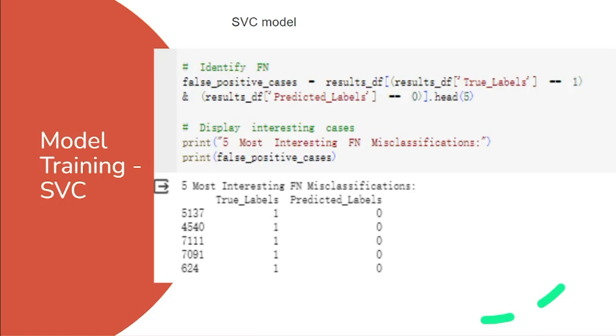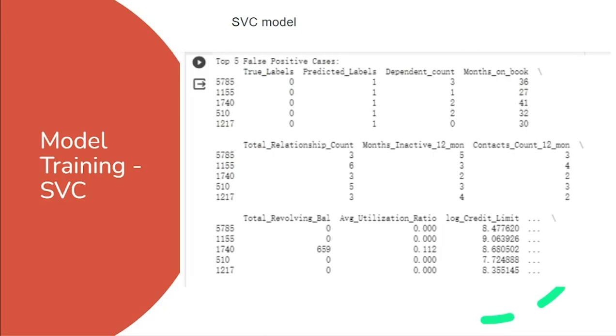The 5 false negative misclassifications involved instances where the model predicted non-churn while it was churn. The 5 false positive cases reveal the instances where the model incorrectly predicted customer churn while it was non-churn.